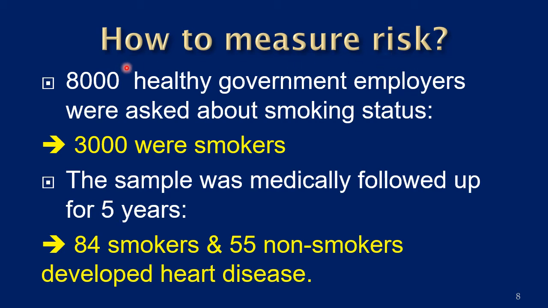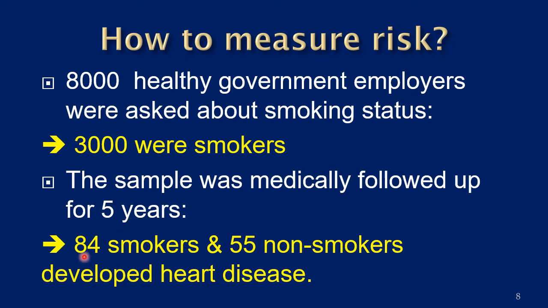Let's answer this question by taking a solved problem. 8,000 healthy employers were asked about smoking. 3,000 of them were smokers. All the employers were followed up for 5 years.